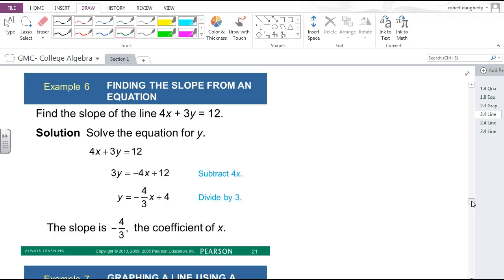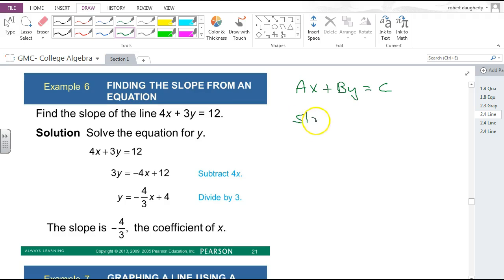Now let's look at solving this and figuring out the slope of this particular line. Now, what we want to figure out is that you've got ax plus by equals c. That's our standard form.